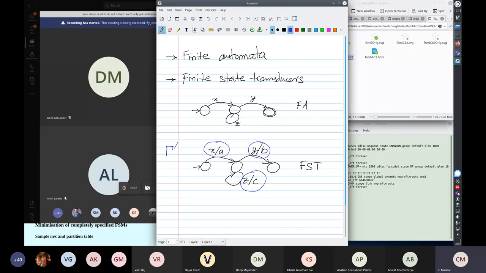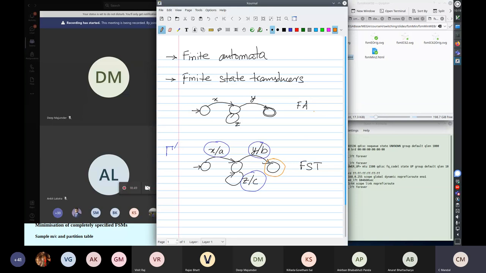Some of these outputs might indicate some intermediate output, and some might indicate acceptance, that you have got the right kind of input. So you could designate some of those states as final states.